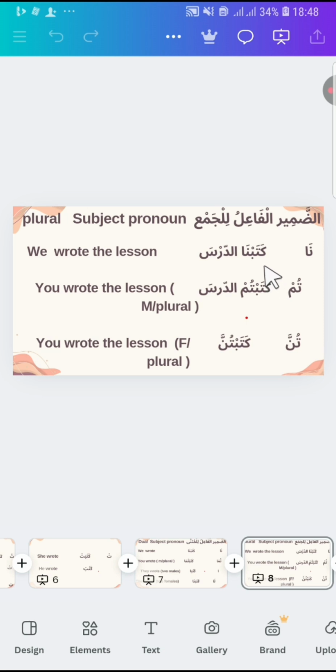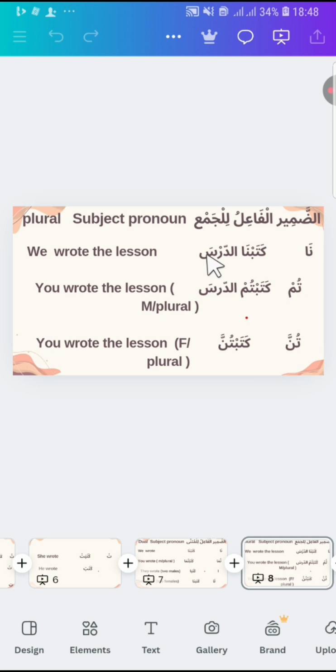For example, Muhammad, Yusuf, Zaid, I will say katabtum darsa, you wrote the lesson. If it is a mixture of males and females and more than two, we still use tum.